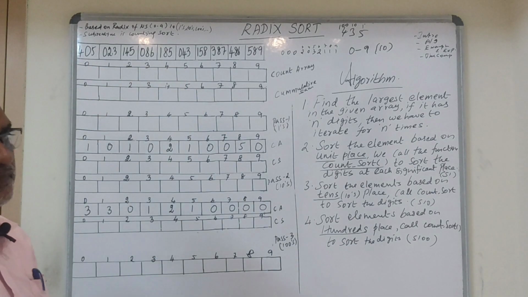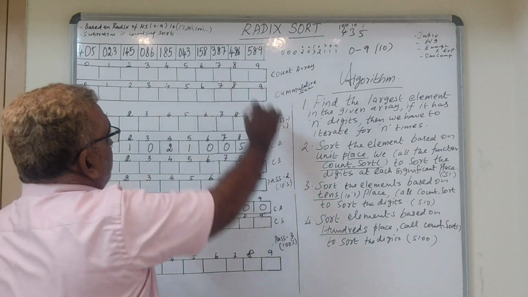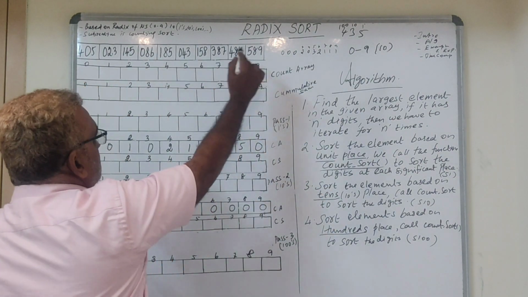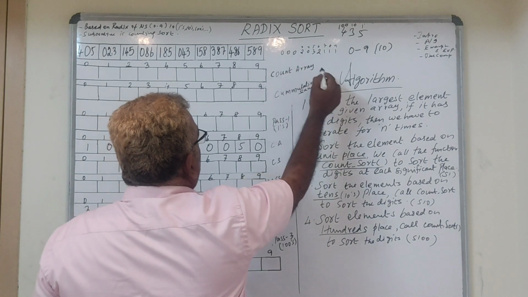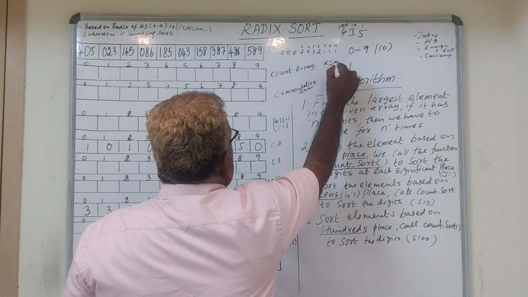Here, what is the range of the numbers? It is 9, so automatically we consider k equal to 9.